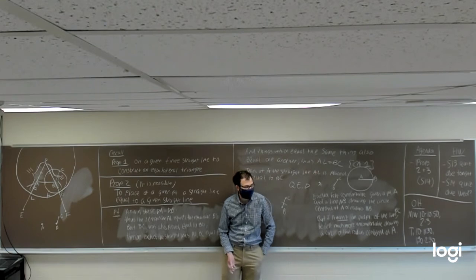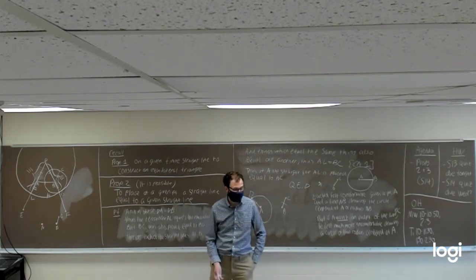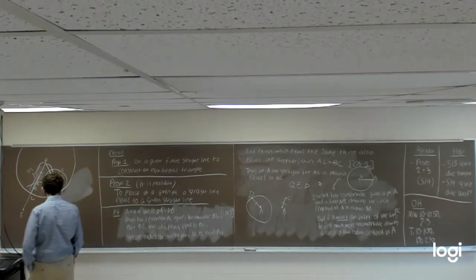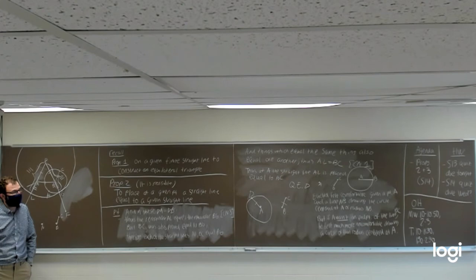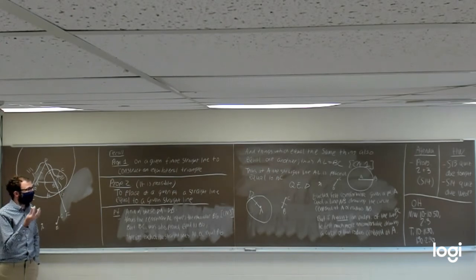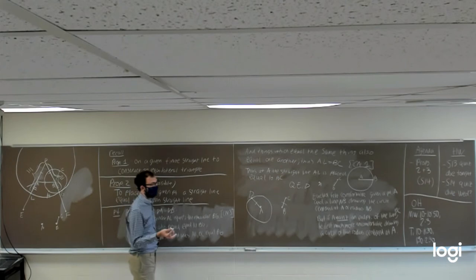Because you could look at any of those circles and say that, without a video feed of it, you couldn't necessarily know that he didn't move the thing out. So I guess what the real difference is here is that he doesn't have a postulate for it. You can move compasses around and draw straight lines based off that? Yeah, he doesn't have a postulate saying he can do that. In fact, that exact statement is going to be what proposition number 3 says. So you can prove that you can do that from the postulates, but there's not a postulate in and of itself that says that, I would agree.